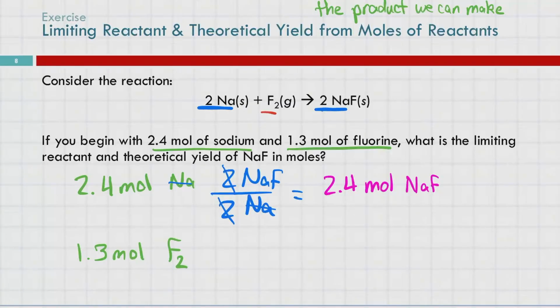Our other conversion factor is from fluorine gas, F2, to sodium fluoride. And again, 2NaF goes up top, and the invisible 1 in front of our fluorine goes in the bottom.